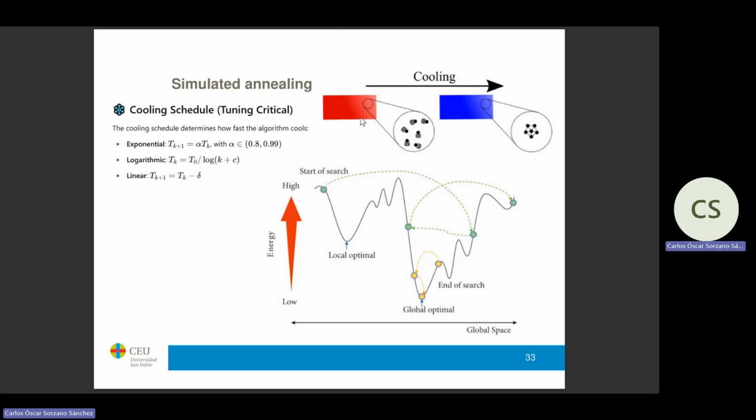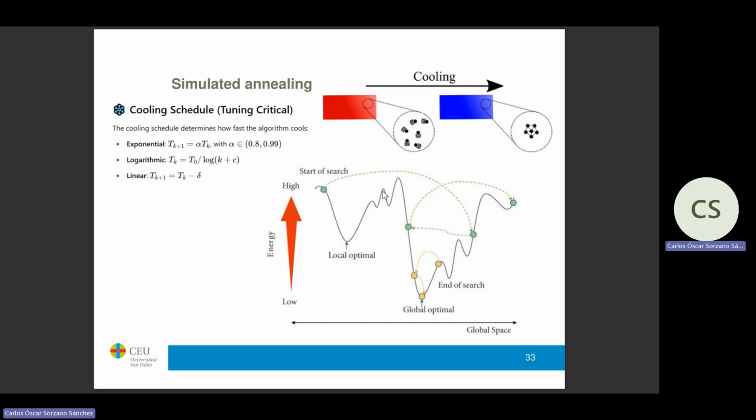So if you think of all possible states, all possible orientations in space, and what is the energy of each configuration, then you might have a landscape like this. Some states have less energy than their surroundings, but they are not the global optimum. The global optimum is here.